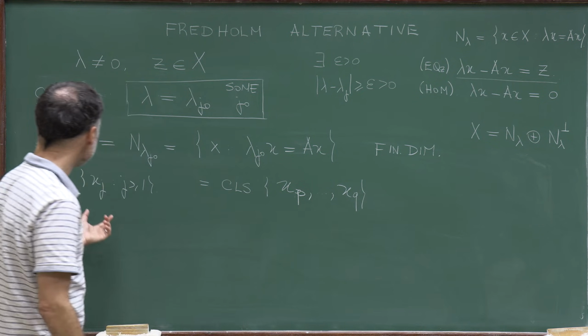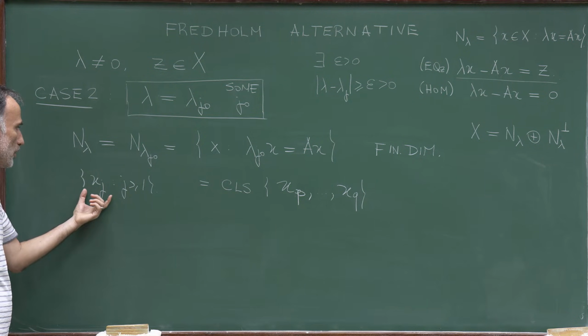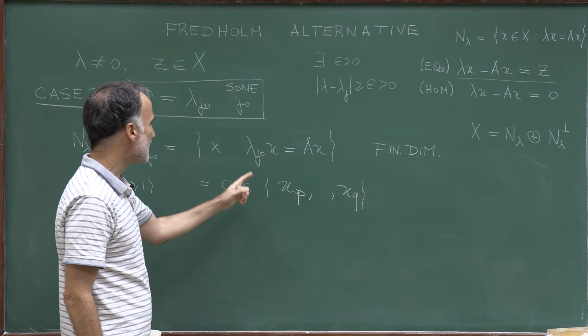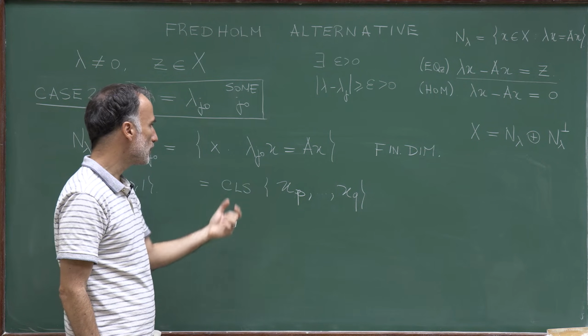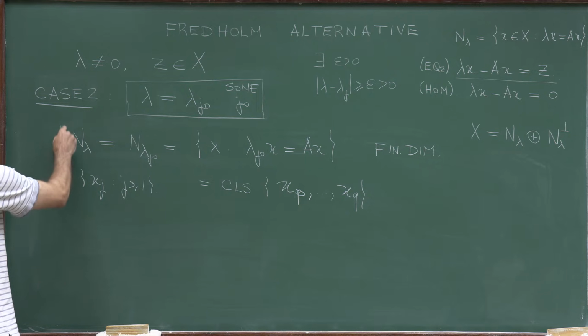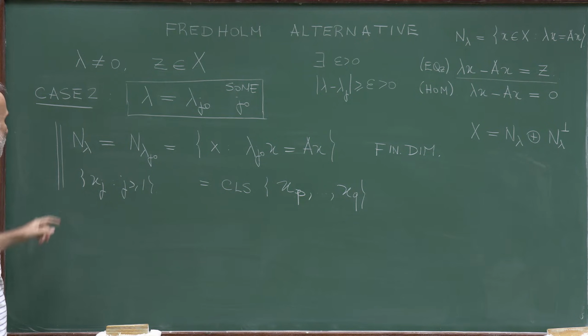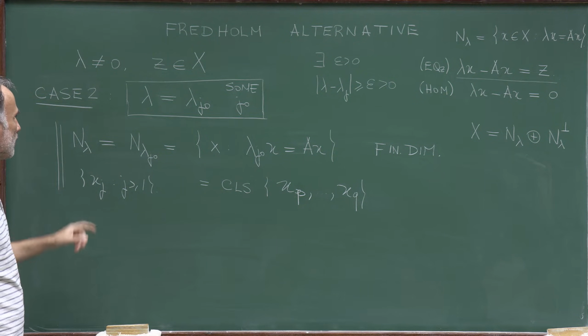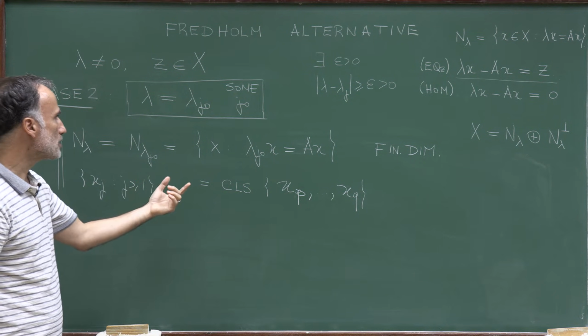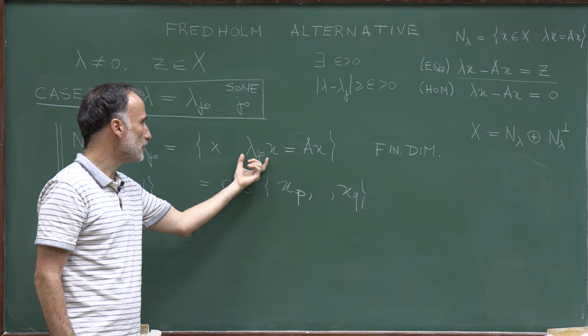I'm taking in this countable family of eigenfunctions the ones which are associated to the eigenvalue lambda_j0. So this is just a comment on N_lambda. In our case, N_lambda is just the eigenspace associated to the eigenvalue lambda_j0.